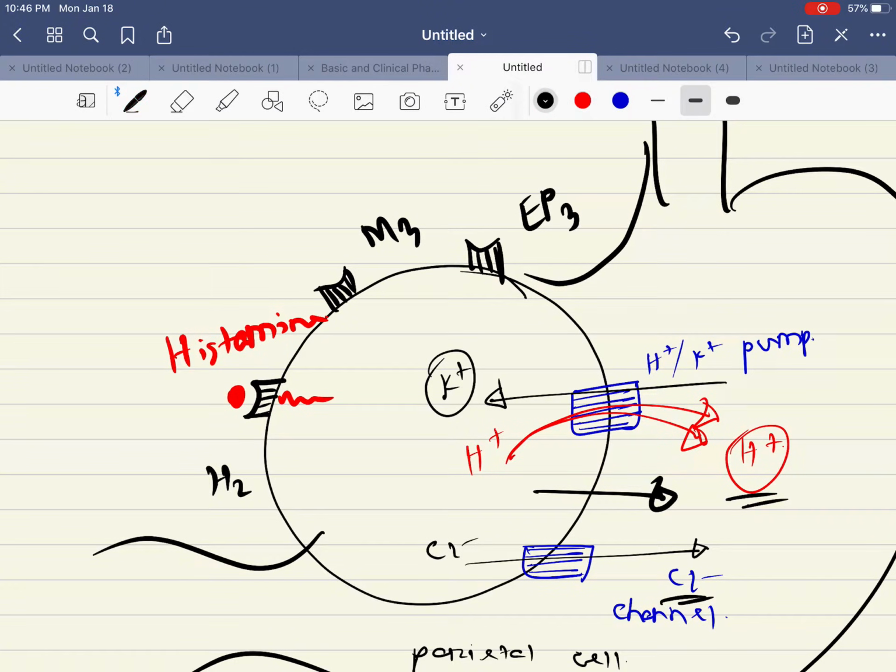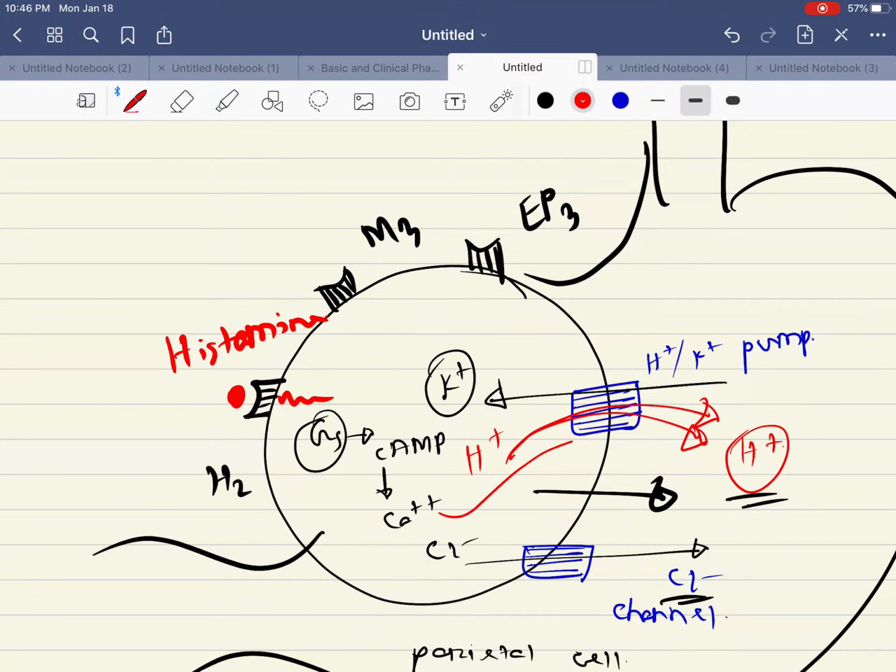We know that H2 receptors are Gs coupled receptors. So the Gs protein will be activated and it will increase the cyclic AMP, and this increased cyclic AMP will increase the intracellular calcium concentration.